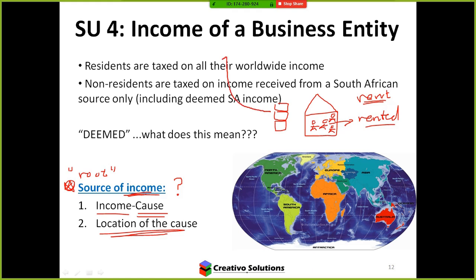Let's say I'm exporting the goods to Germany, but I produce the goods in South Africa. Again, it comes back to this: what is the income source? What is the location of the cause? Where did I produce the goods? In South Africa. So even though I'm selling the goods in Germany, it's still seen as being a South African source because the location is important. The creation of the income is important. Where is the income being derived? That's something to consider.